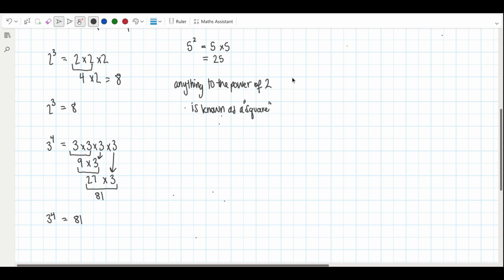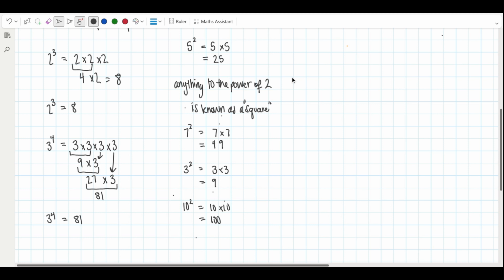So that would be 7 to the power of 2, which is 7 times 7, which is 49. Or we could do 3 to the power of 2, which is 3 times 3, which is 9. Or 10 to the power of 2, which is 10 times 10, which is 100.